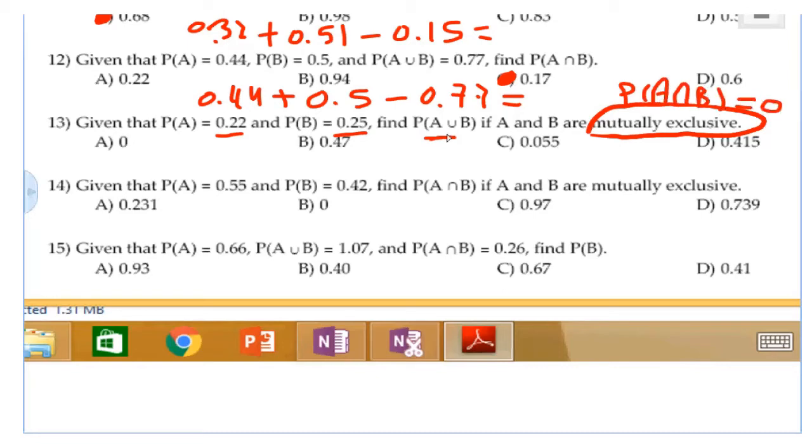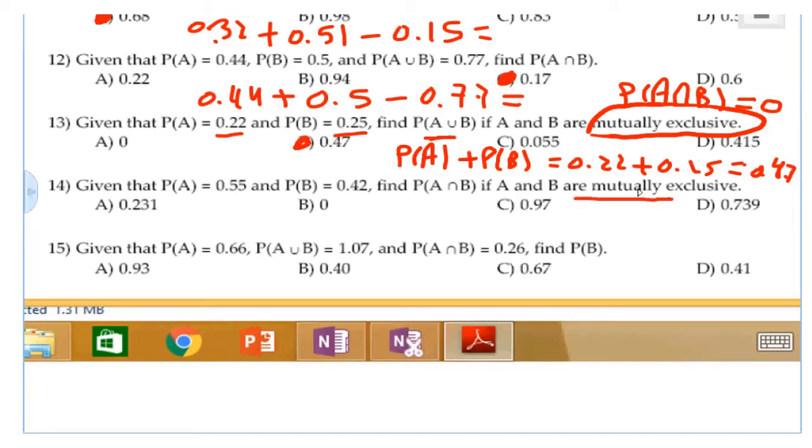To 0. So the union in this case is equal to the probability of A plus the probability of B, which is 0.22 plus 0.25, which is 0.47. The second one says that A and B are mutually exclusive and they want to find the intersection. Directly, it's 0, because when mutually exclusive, the intersection is 0.